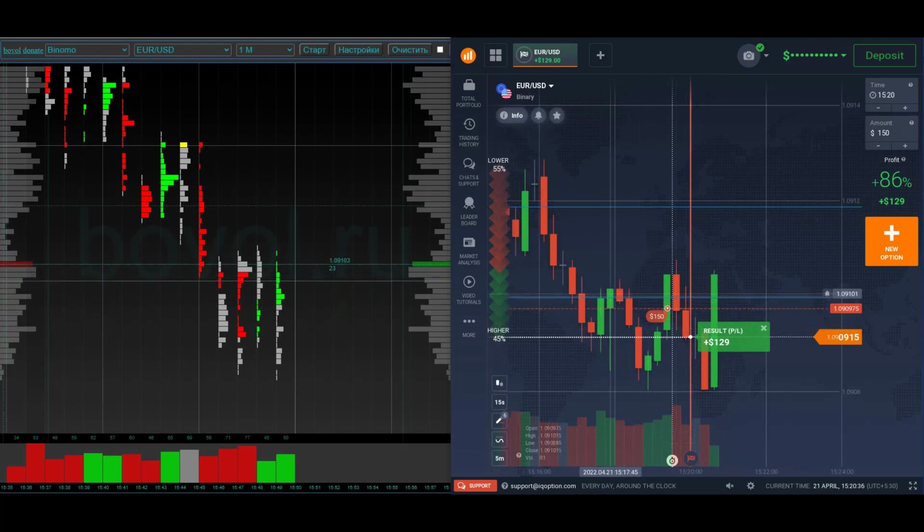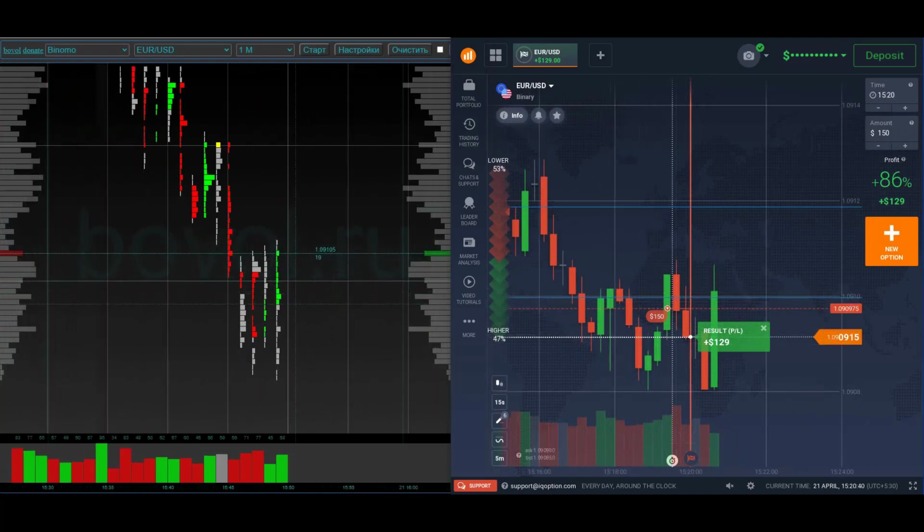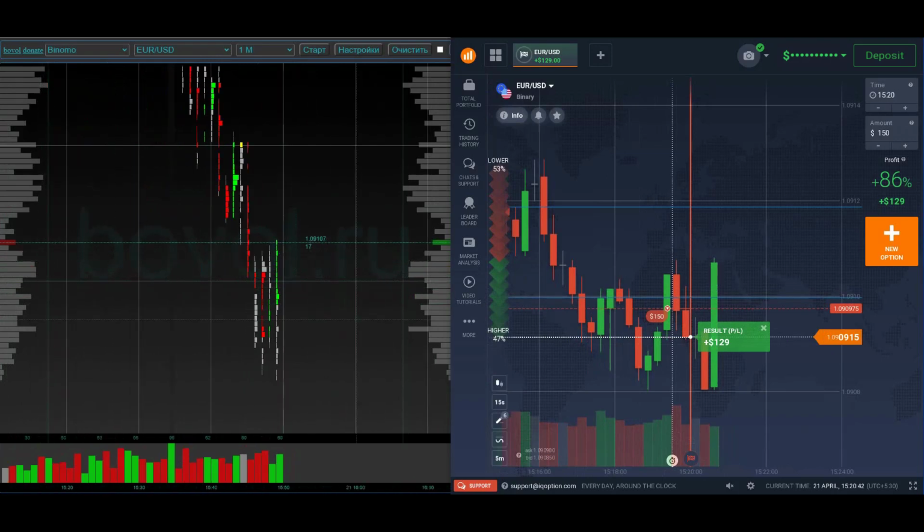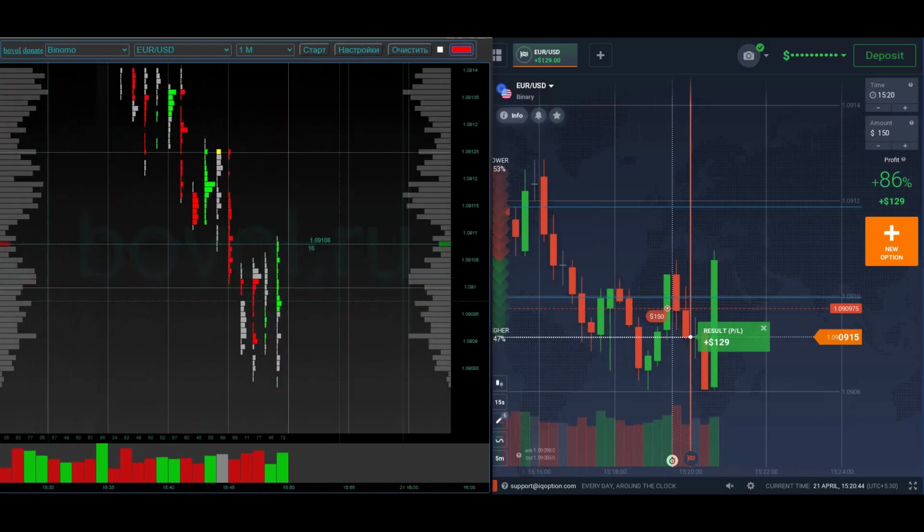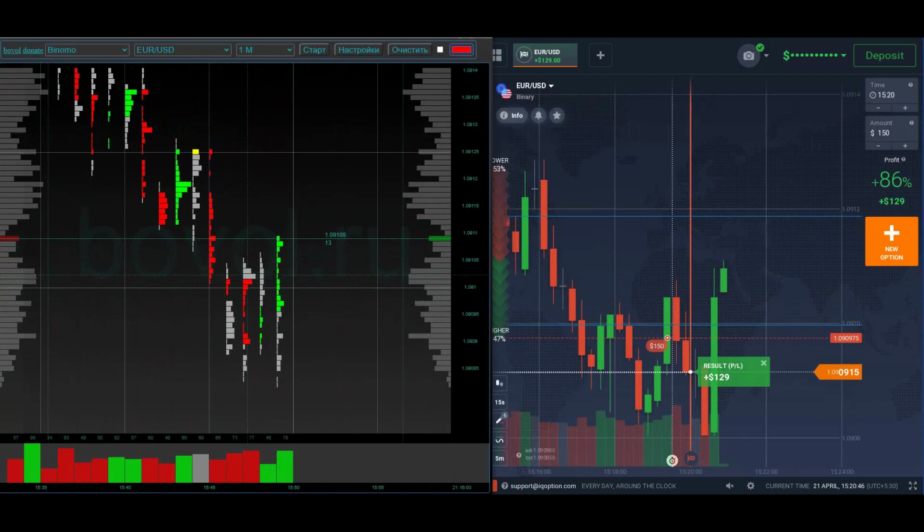I was waiting for the retest here, and you can see in the variable, it was a strong level. The POC point exists in the variable, on both sides of the volumes, and you can see the tick volumes were increasing, the red volumes were increasing, which is the sign of a reversal.